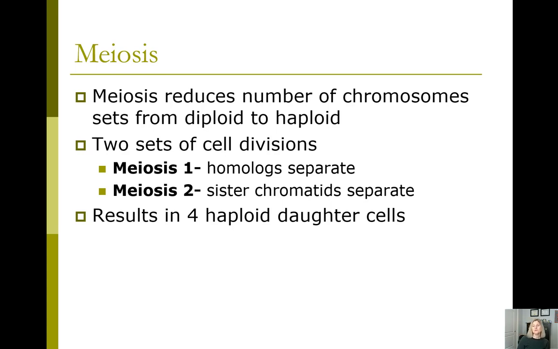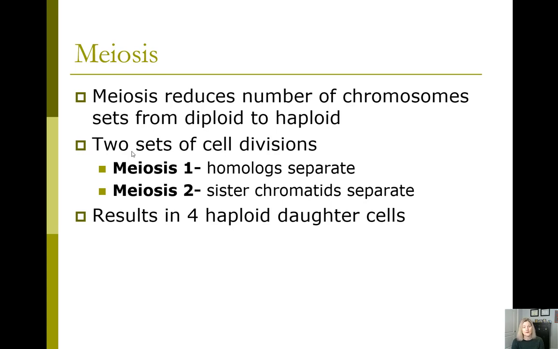Okay, so we're going to do a brief overview of these 2 cell divisions, and then we'll get into the nitty-gritty. In meiosis part 1, we're going to separate the homologous chromosomes from each other. So remember, how many pairs of chromosomes do you have? You have 23 pairs, right?